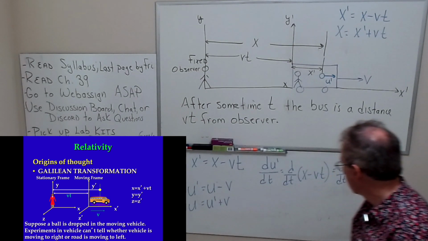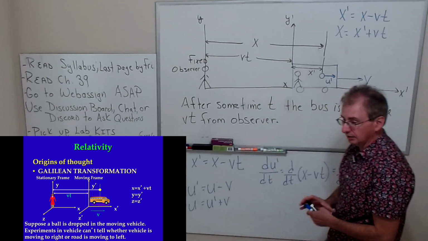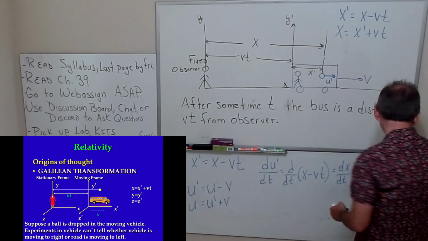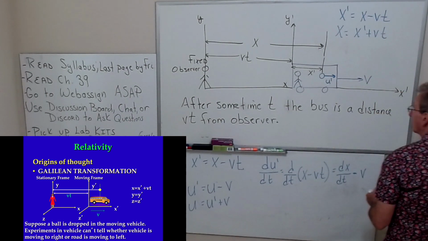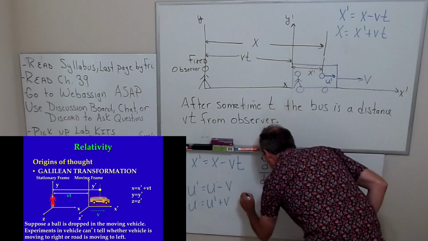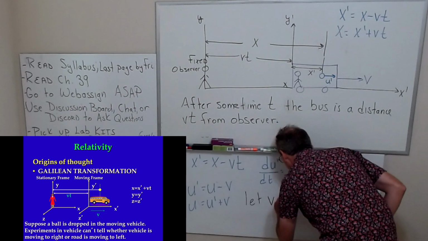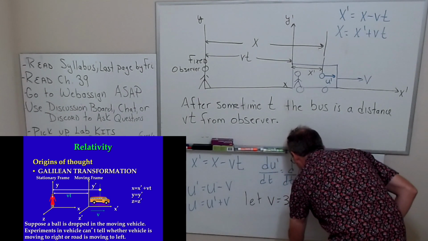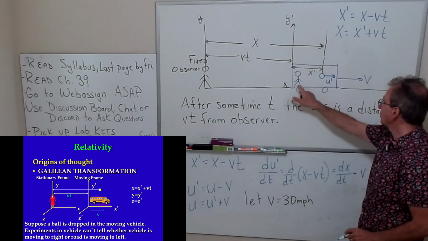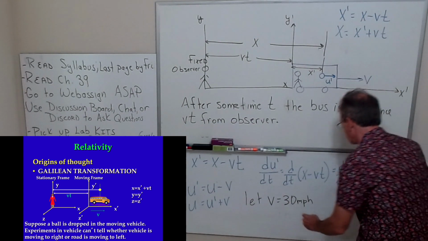Okay. So what does this mean? Let's suppose the bus is moving at 30 miles per hour. So let v be 30 miles per hour. And one of you who threw the ball threw it at 20 miles per hour in the forward direction.